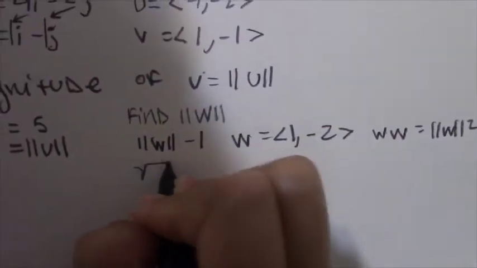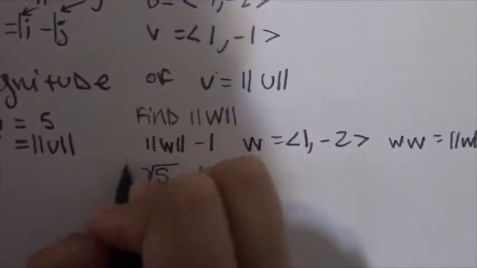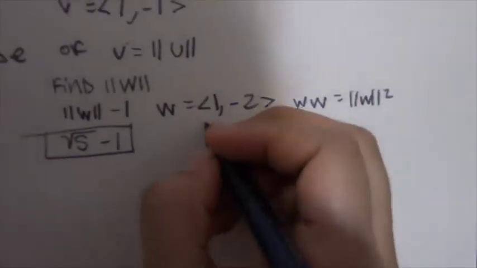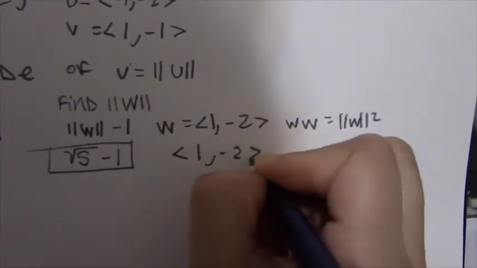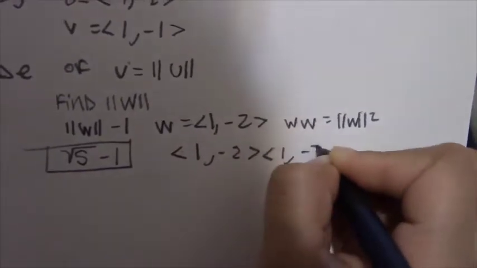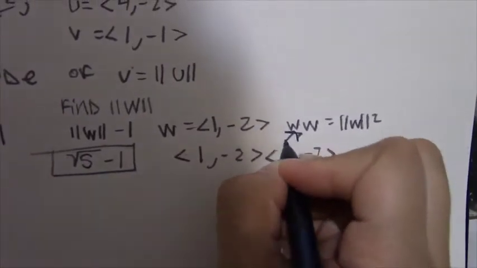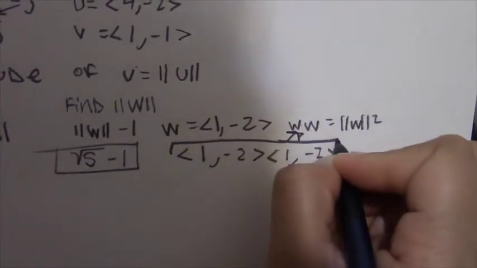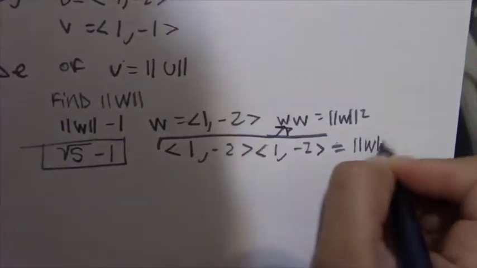So that gives us square root of 5 times negative 1, which brings us to having to put 1, negative 2, 1, negative 2, which is this. Equals double W squared.